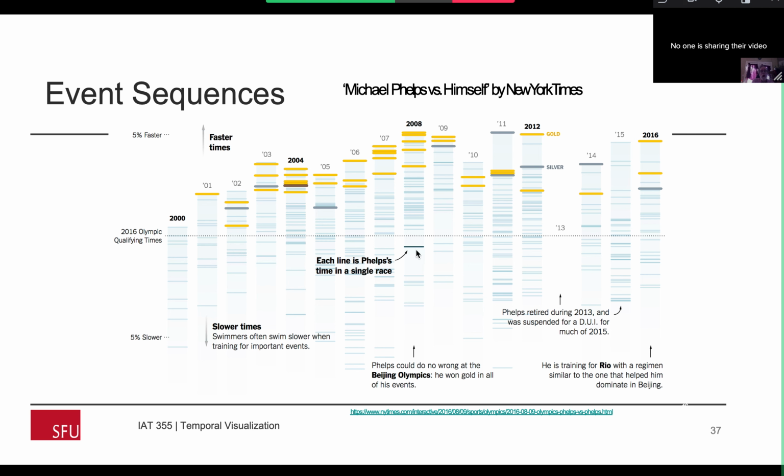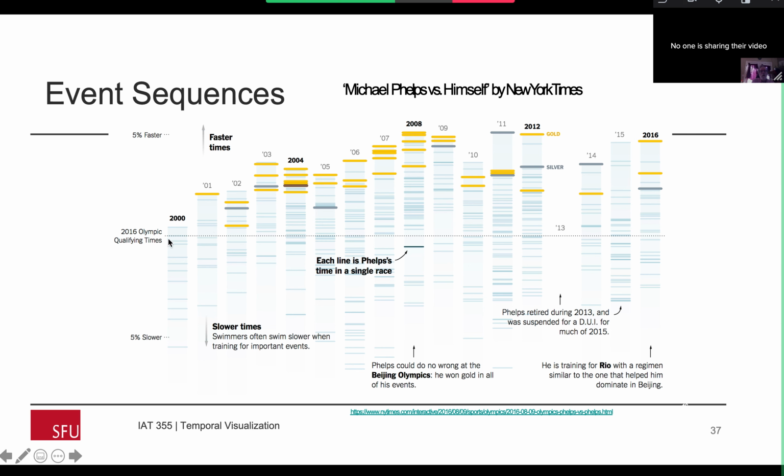And so each line here represents a single race in which he participated. Slower times are plotted below the line, faster times above. And this thing gives you the scale. So this is 5% slower than the Olympic qualifying time, and above here is 5% faster. So what's being plotted along the vertical is indeed time, but it is this particular thing, which is the percentage difference from the 2016 Summer Olympic qualifying time.